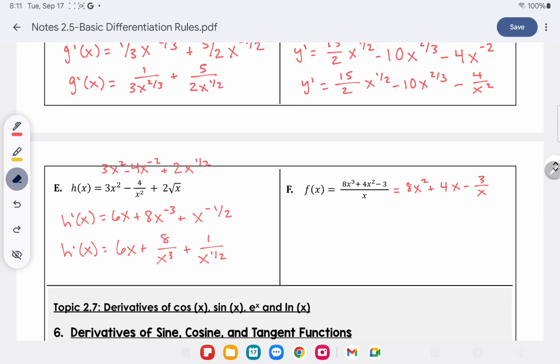And I'm going to rewrite that as minus 3x to the negative first. And then same rules again. 16x plus 4 plus 3 over x squared.